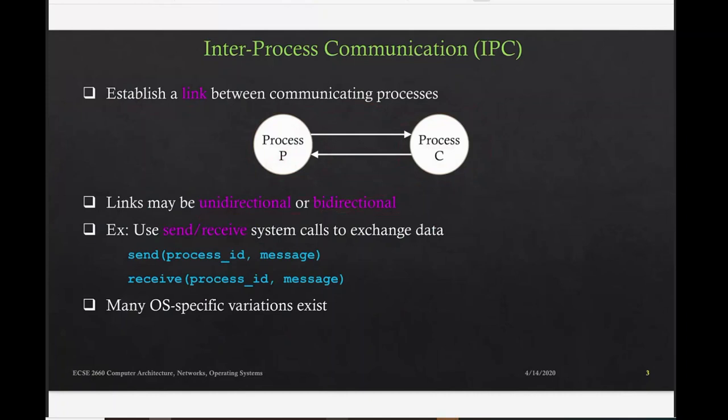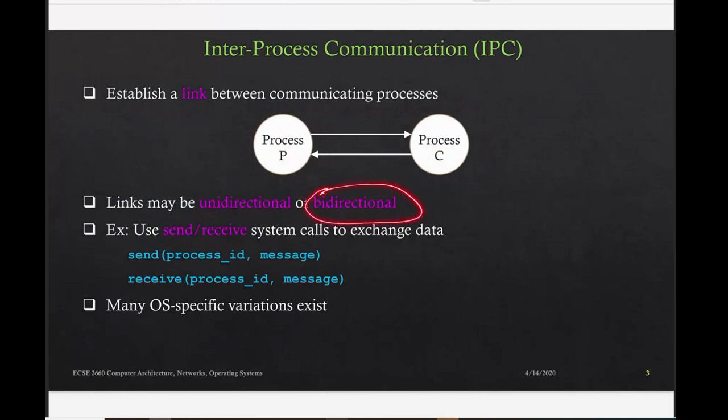Generally, you would want a link to be bidirectional, but sometimes using buffers, you are limited to unidirectional capability. Unidirectional essentially means that one process can only affect change in the other, but it cannot happen the other way, right? So P to C or C to P, both cannot be happening at the same time.